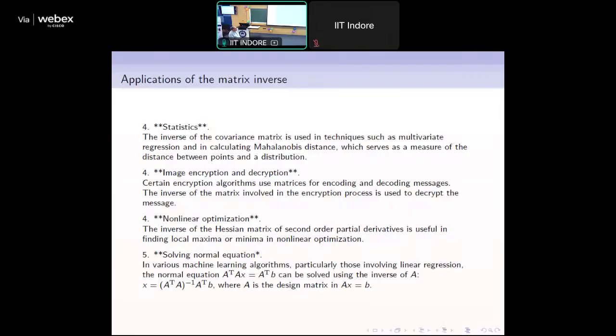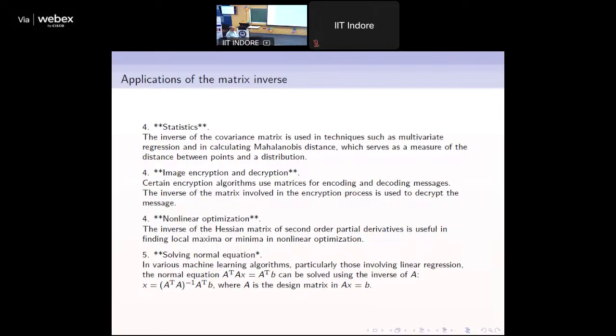A transpose is used for this multiplication, and in case A transpose A is a full rank matrix, then we can use usual matrix inverse and obtain solution of this system.